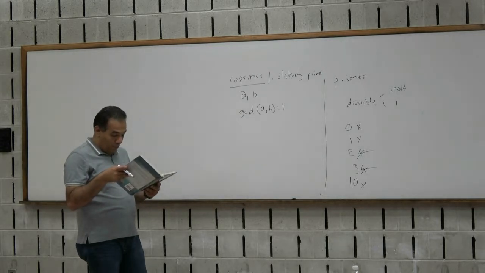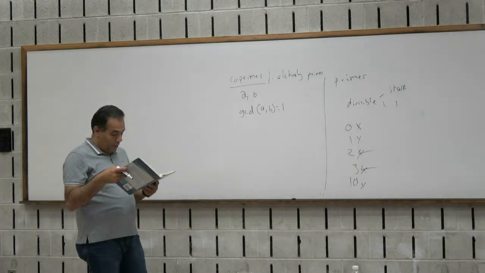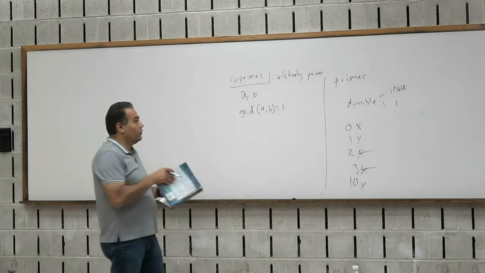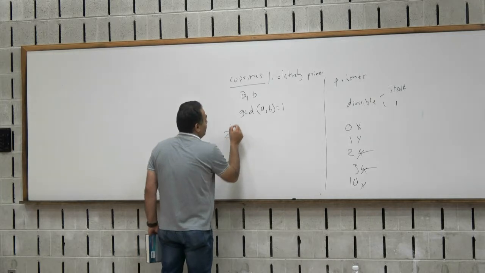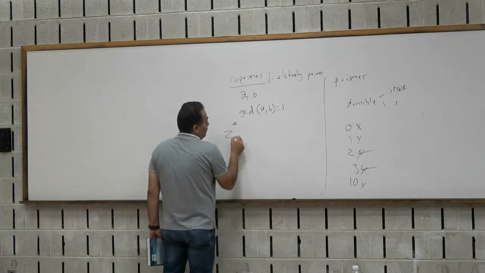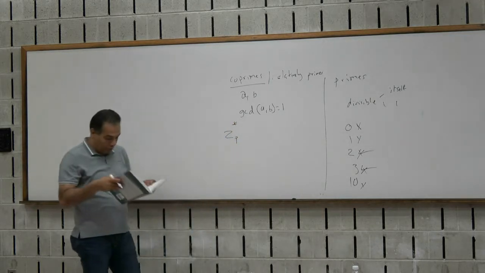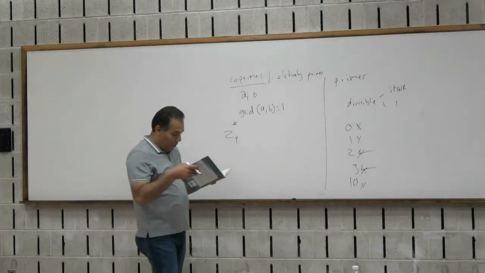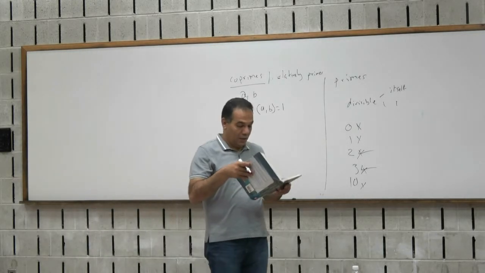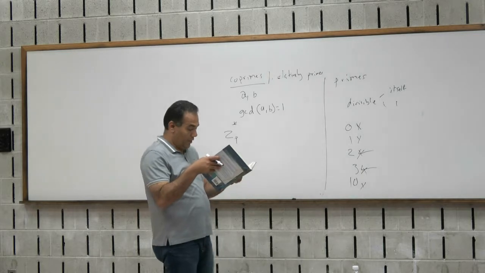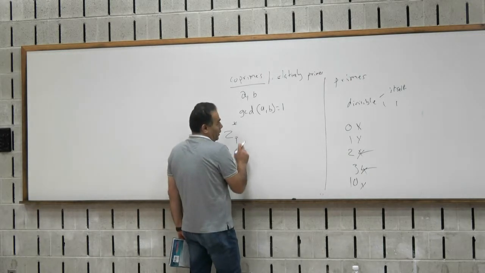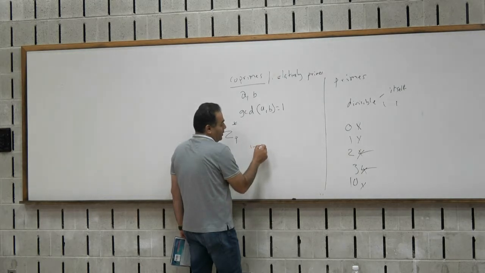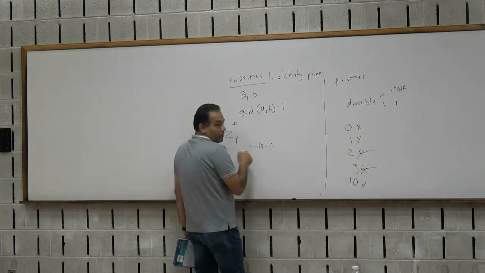For prime numbers, if you have a group of primes, say Zp, how many elements could we have in here? p minus 1, right?